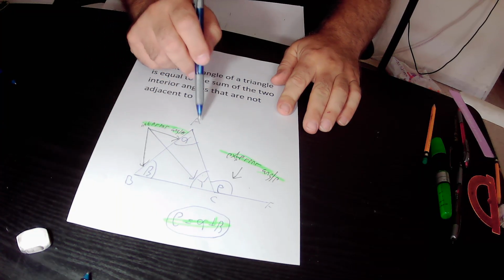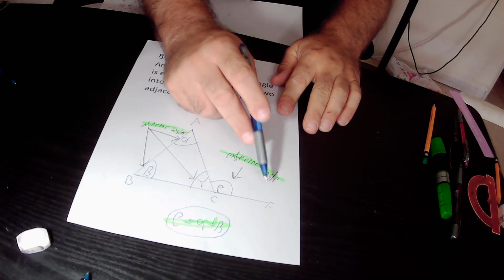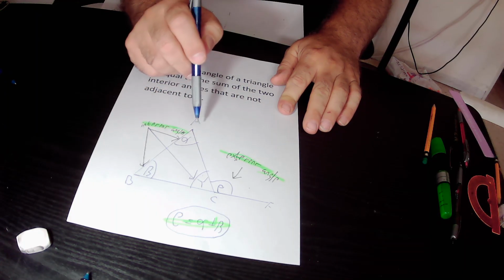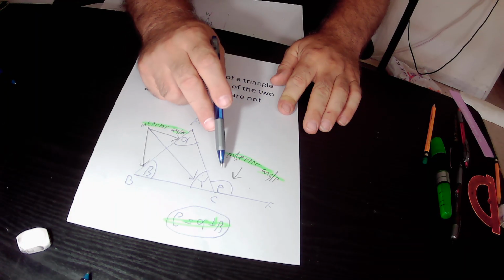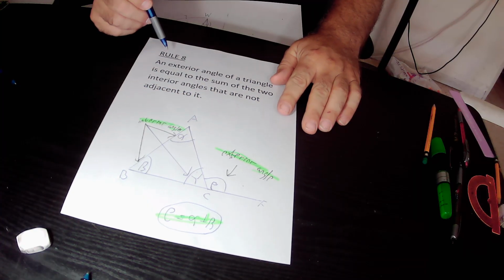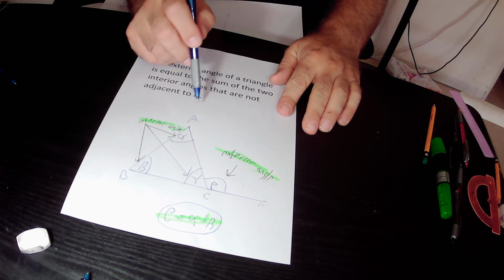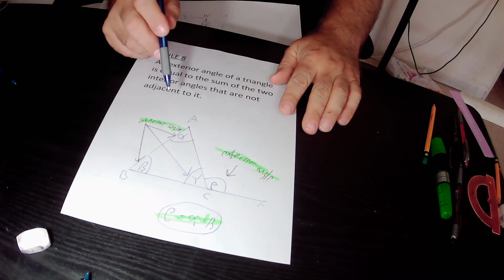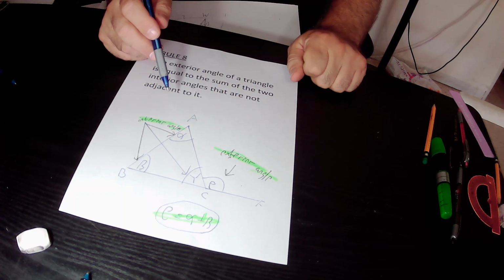While this is angle ACF, that is equal to angle E. Angle E is defined as an external angle of triangle ABC because it is located outside triangle ABC. And according to rule 8, the size of the external angle ACF, that is equal to E, is equal to the sum of the two interior angles that are not adjacent to it.